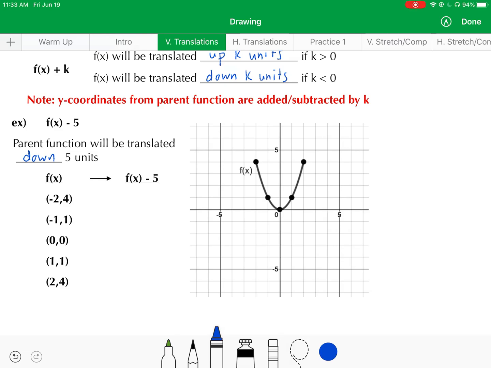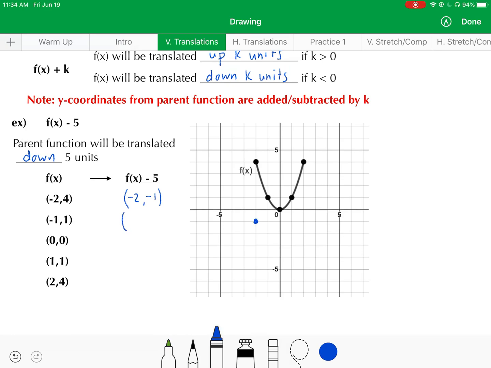So notice I have the 5 critical points from the original function already listed. The point negative 2, 4, it's going to move to the point of negative 2, negative 1. I just found that by subtracting the original y coordinate of 4 by 5 to give me negative 1. So it's going to take me right here.